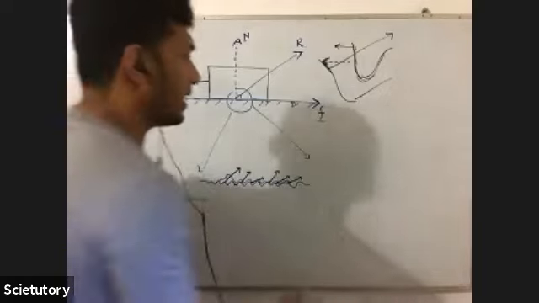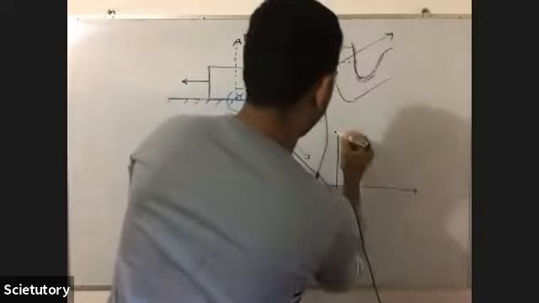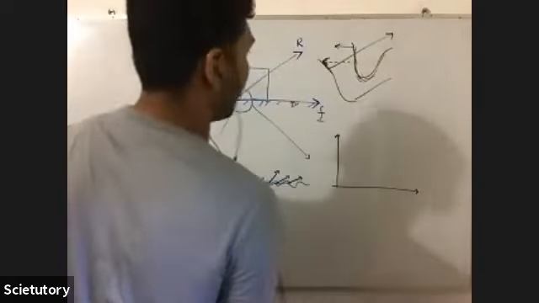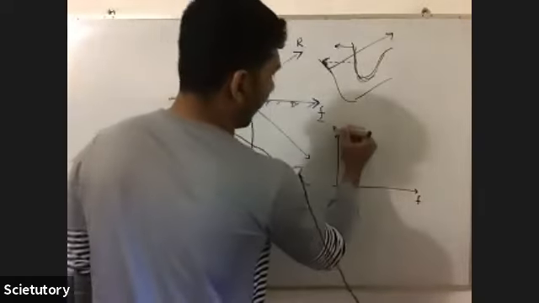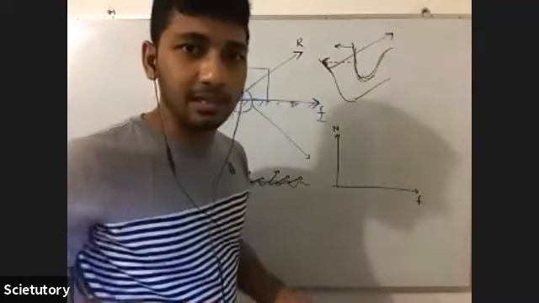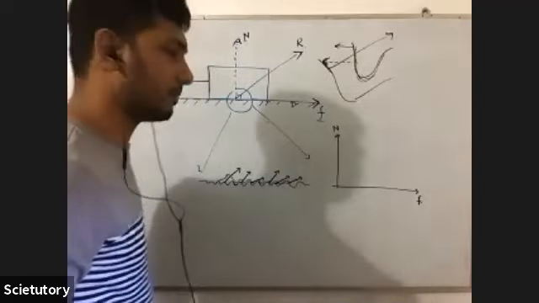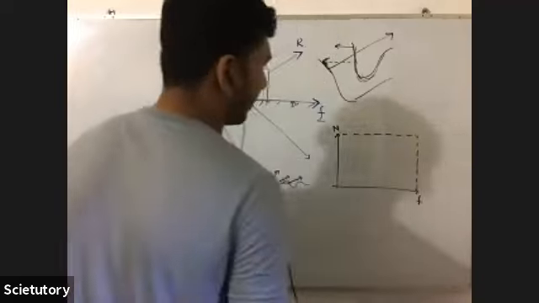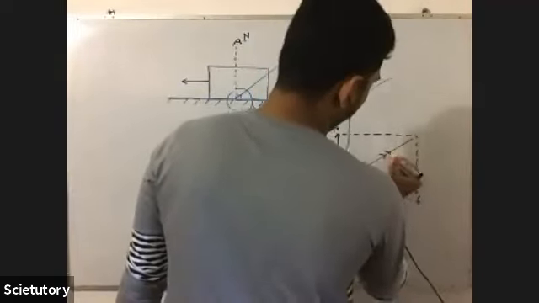I will depict them as if they are two adjacent sides of a parallelogram, actually a rectangle. So this is F and this is N. How can you find the resultant? By completing this parallelogram. The diagonal, yes, that is the vector parallelogram.